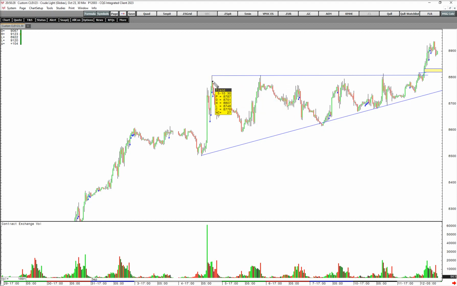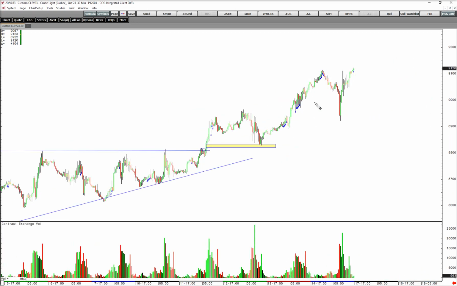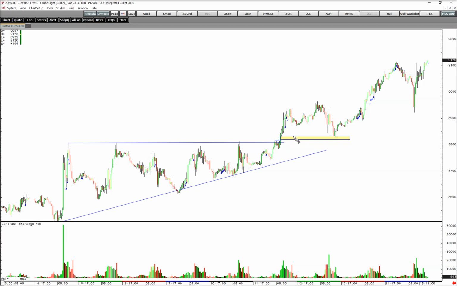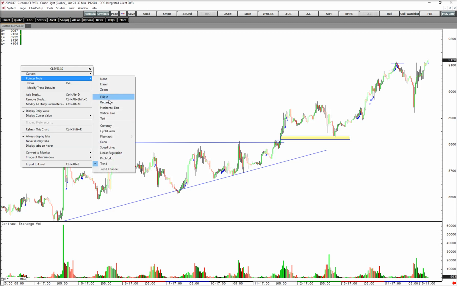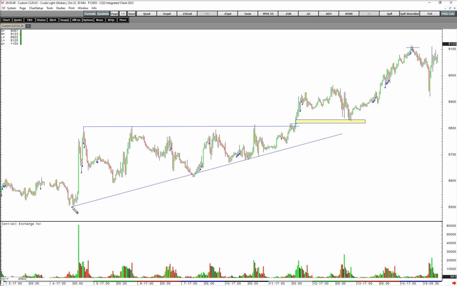Add $3.05 to this level, and you've got 91.12. And that would be your target for this 30-minute pattern. 91.12, we hit a high of 91.23. So let's see, this peak here got to 91.15. So you would have gotten this height of the triangle added to the top of the triangle when it broke out, which is your measured move of this triangle.